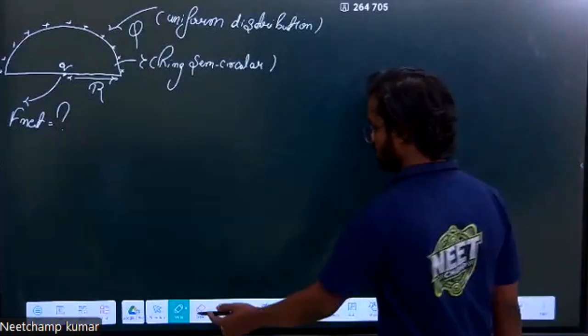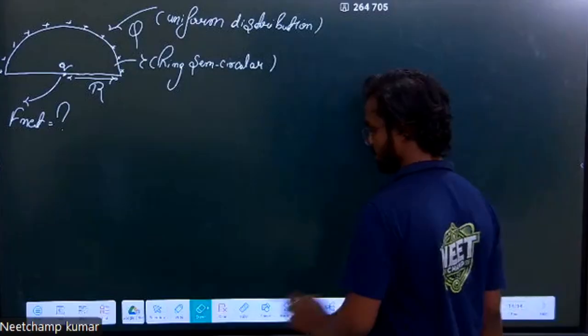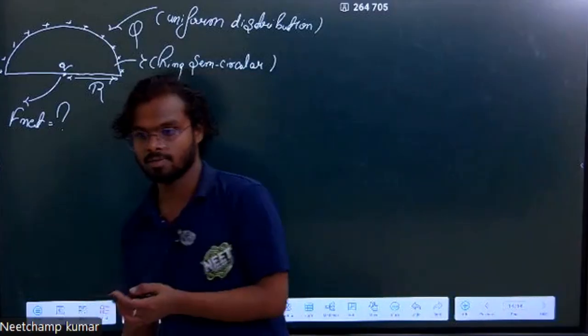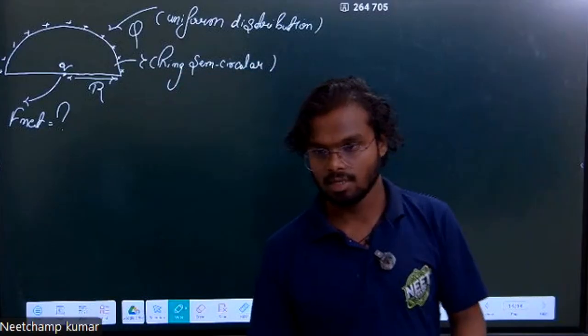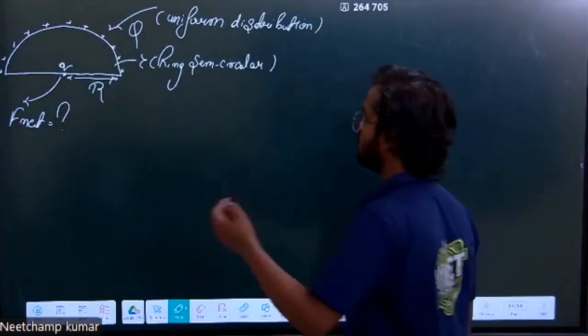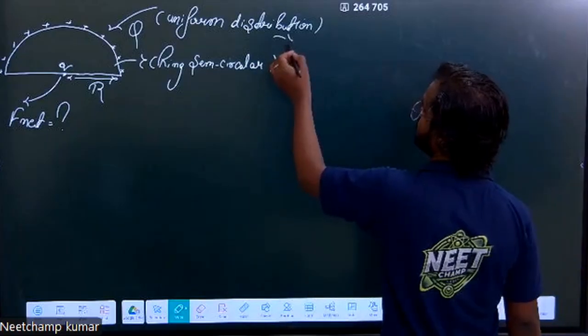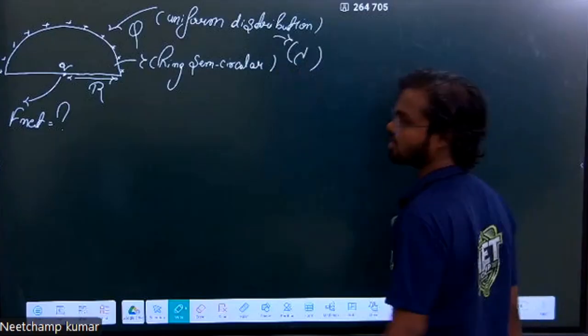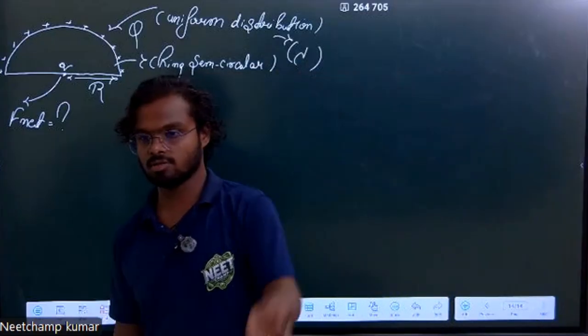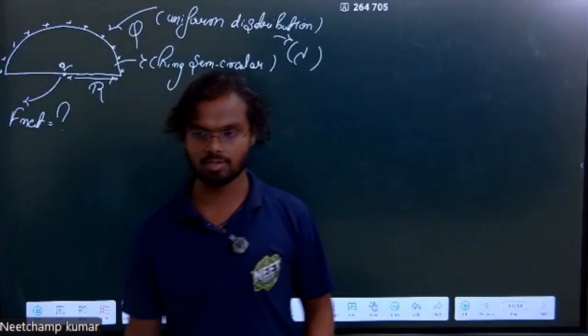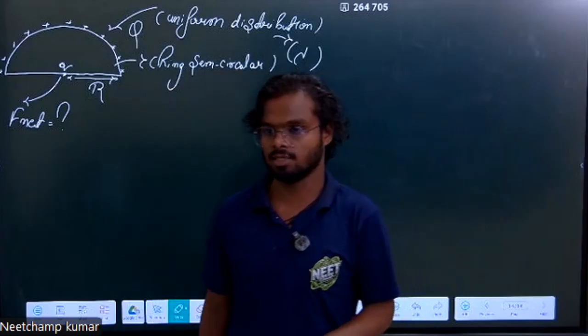You have to first take the element, because you can't apply the formula here. Let me tell you one more thing for your easiness: lambda is given. Here we will have a lambda, because the charge is over the length. There is no surface, there is no area, it is over the length.